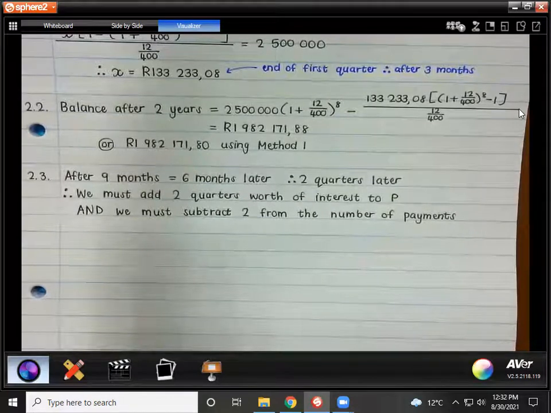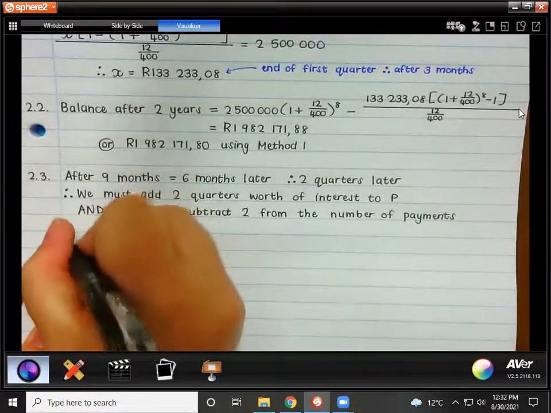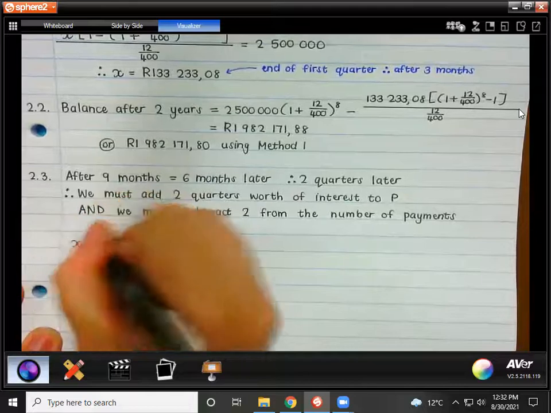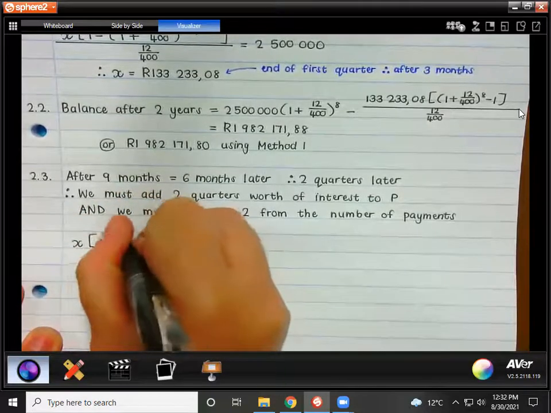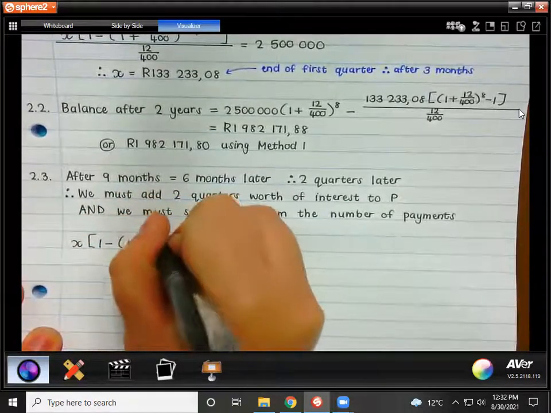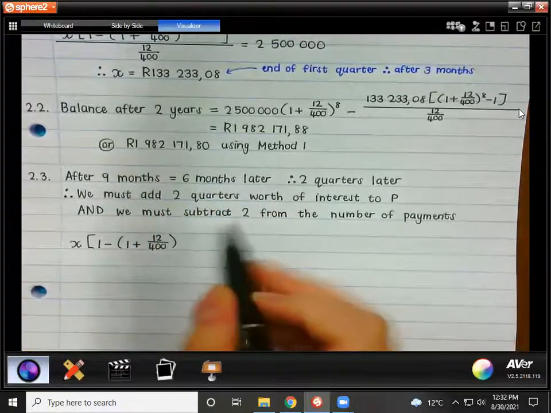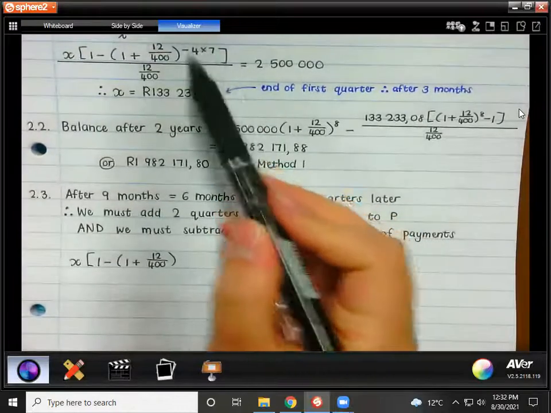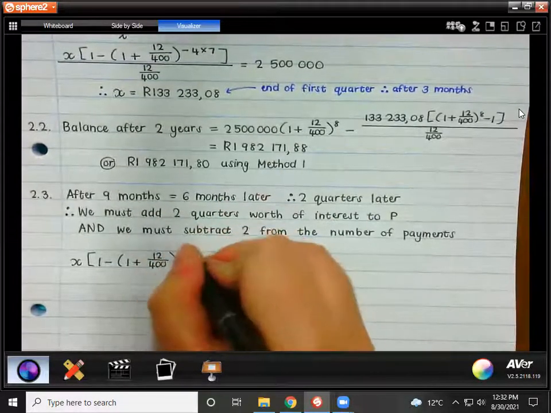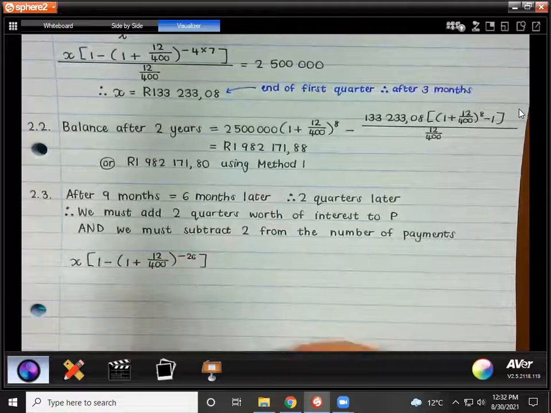Now they asked us to find X, the quarterly repayment. Sorry, so we're going to use the same formula. We're going to have 1 plus our interest rate, which stays the same. But now instead of negative 28 in our exponent, we're going to have negative 26.